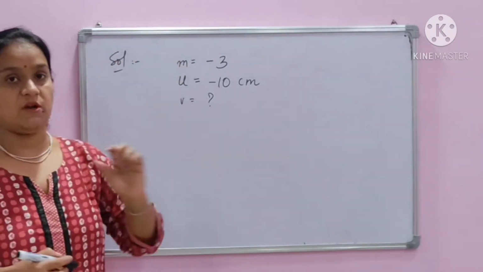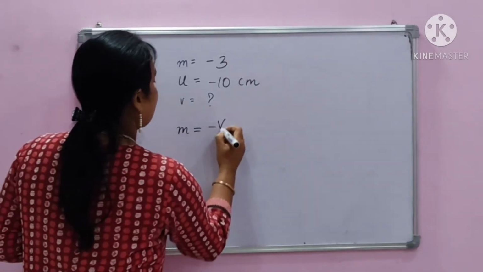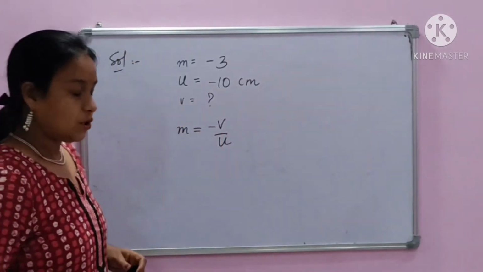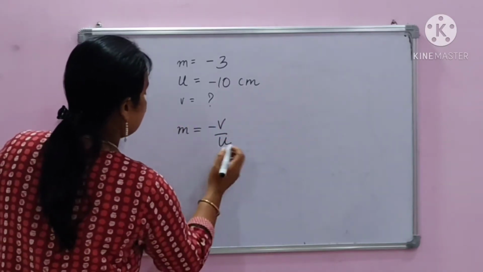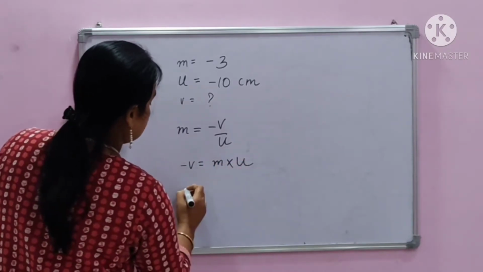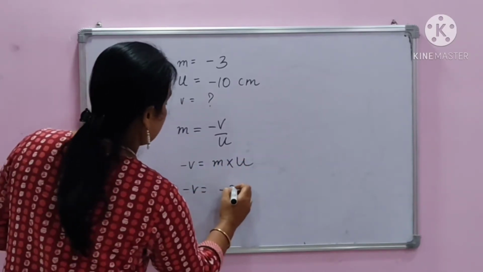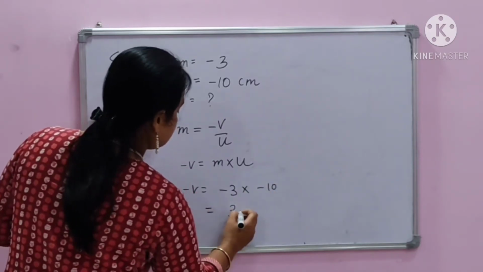We can apply the formula of magnification, that is, for a mirror, magnification is equal to -v by u. So let us put the values here and we have to find v. So -v will be equal to -3 multiplied by -10, that is we get 30.